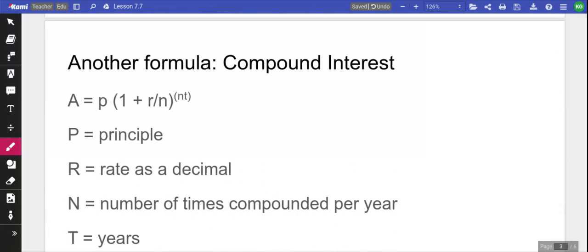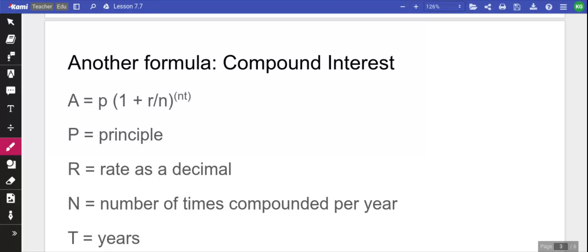The second formula that we're going to use today is called compound interest. So compound interest happens when the bank takes a percentage of your money, and every time you make a withdrawal or a deposit, your bank is going to be taking a percent interest off of that.